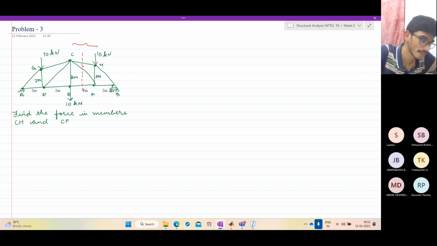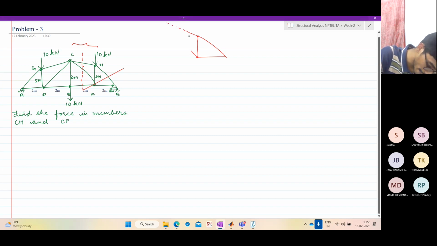Right? So, let us draw the remaining portion. This is the free body diagram of the remaining portion. These two will meet somewhere here.